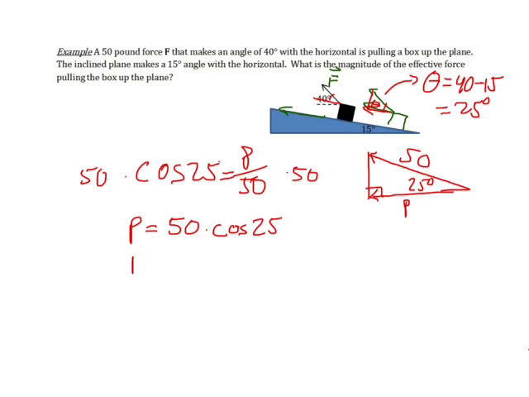And that comes out to be about 45 pounds. And that makes sense. It should be a little less because, like we said, some of the force is lifting the box off the ramp, and some of the force is pulling up the ramp.